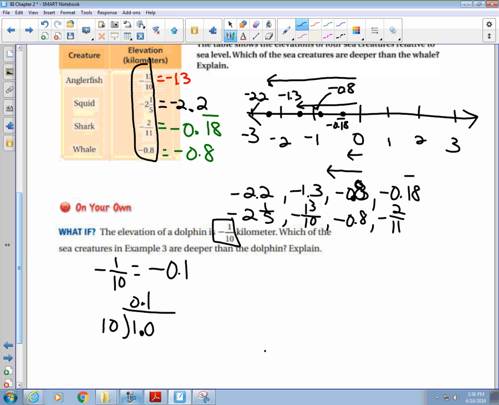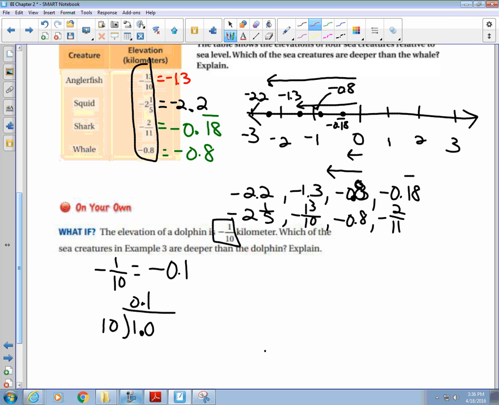So negative 0.1. Now, if we go back up to our number line that we had up there already and place this point on there, it'll tell us which other creatures are deeper than our dolphin in this example. Okay. So we have negative 0.1.